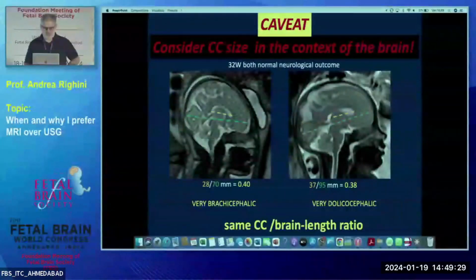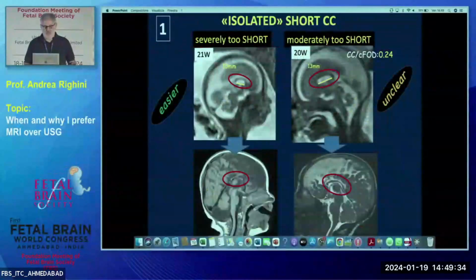As you see in these cases, they have different brains that have very similar ratios. So we get to this very wide terminology where we say short. Sometimes you can say short when it's really short, like in this 25-week case, and in fact it's still really short after birth. Sometimes the situation is more uncomfortable because this is short, but not too short, moderately short.